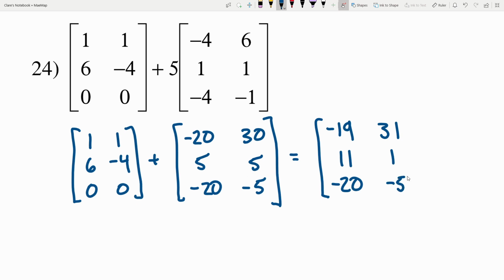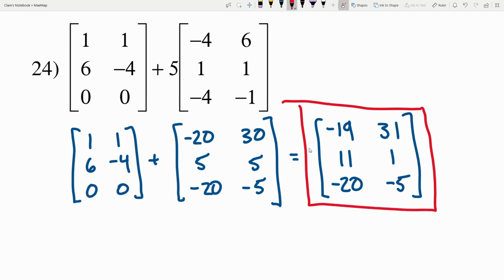That's going to be -5. So for my final solution on this worksheet, I have a 3 by 2 matrix because I added 2 separate 3 by 2 matrices together to get, reading by row, -19, 31, 11, 1, -20, -5, or reading by column, -19, 11, -20, and then 31, 1, -5.